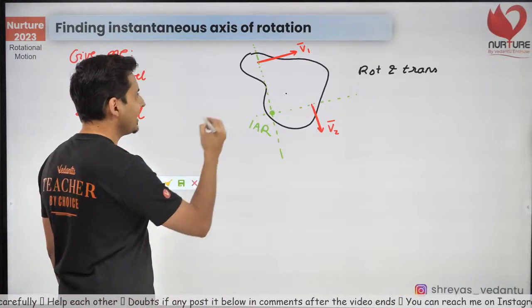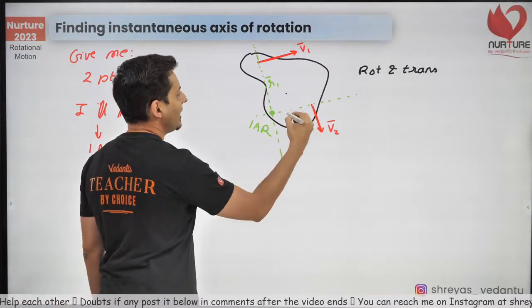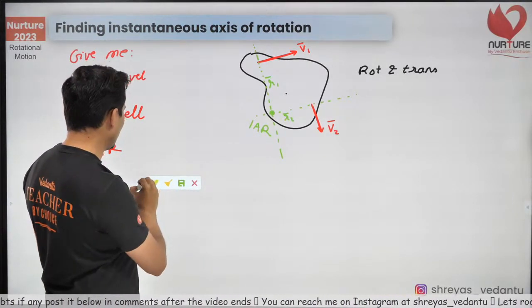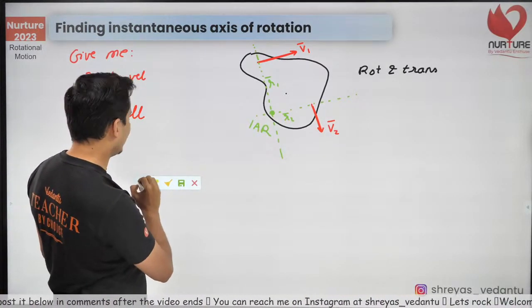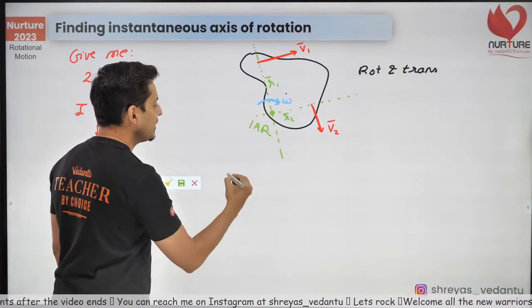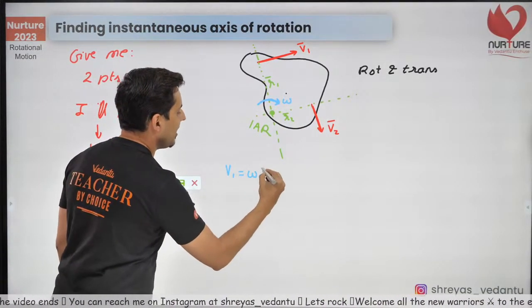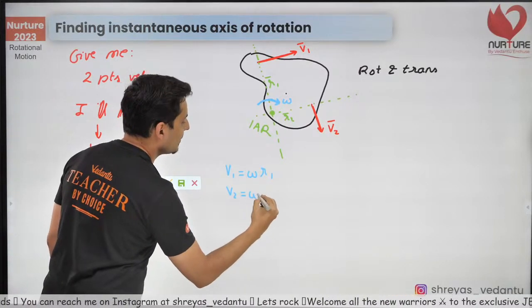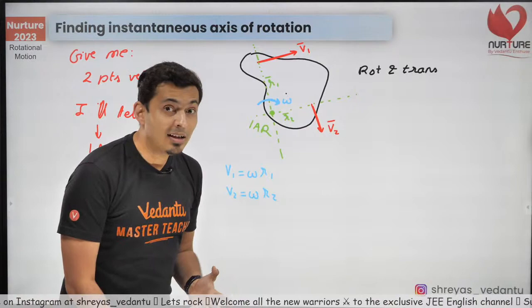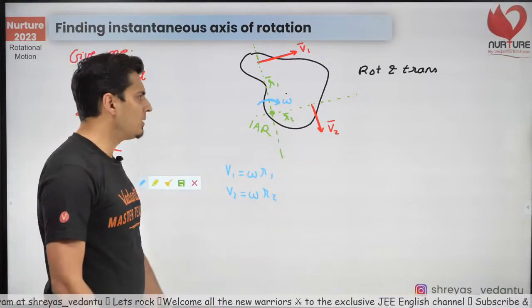Problem solved. And let's say this is R1 and let's say this is R2. I can also find omega. So it is rotating. This will be omega. So V1 will be omega R1, V2 will be omega R2. I can find omega by this. And if I ask you some other point's velocity, that's also easy.